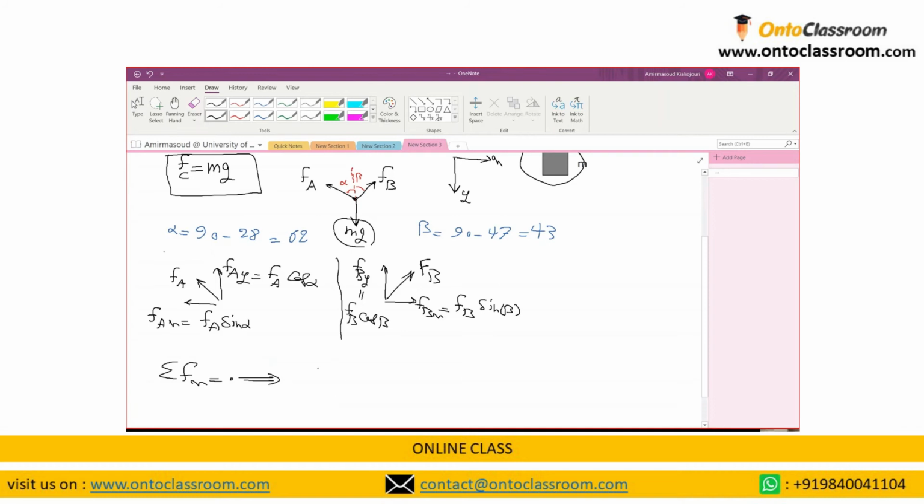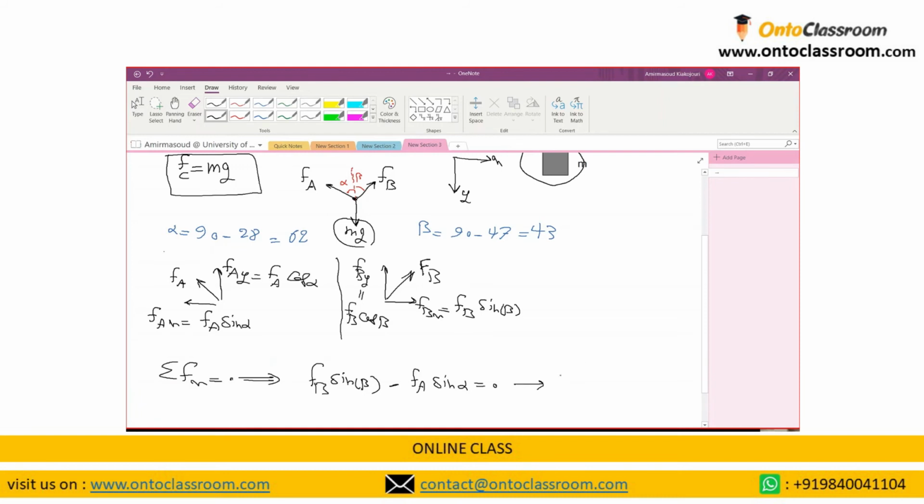It means that FB sine of beta, and FA is the opposite of this direction, opposite of x direction. It is in the left direction. Its sign is minus, negative. FA sine of alpha is equal to 0.